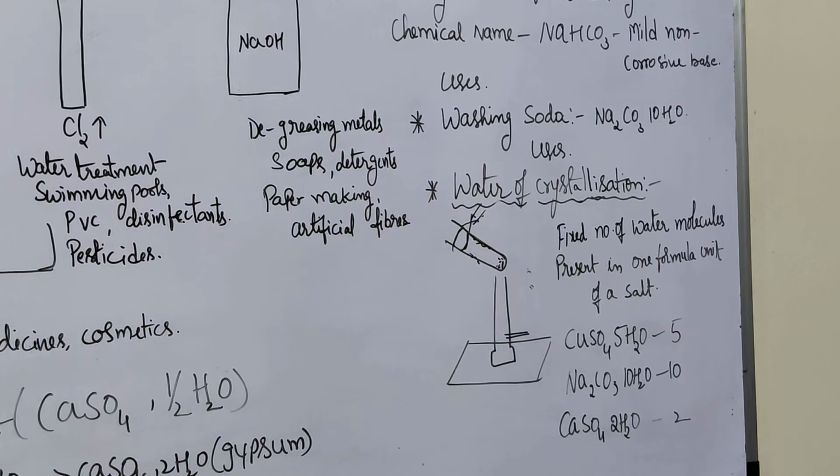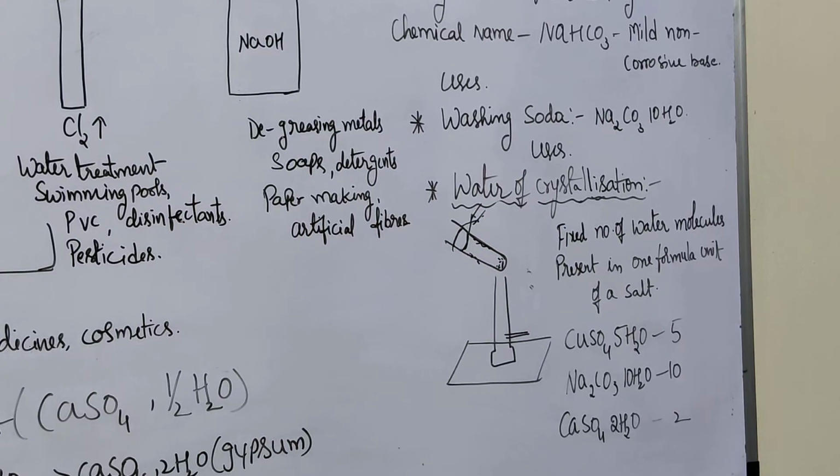For this you have to take copper sulfate in a dry test tube and heat it. Actually copper sulfate is blue in color. When you heat it, slowly it changes into white color, and you can observe water droplets on the surface of the test tube.